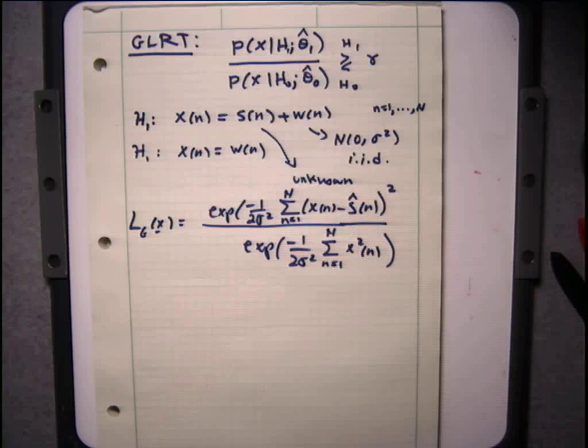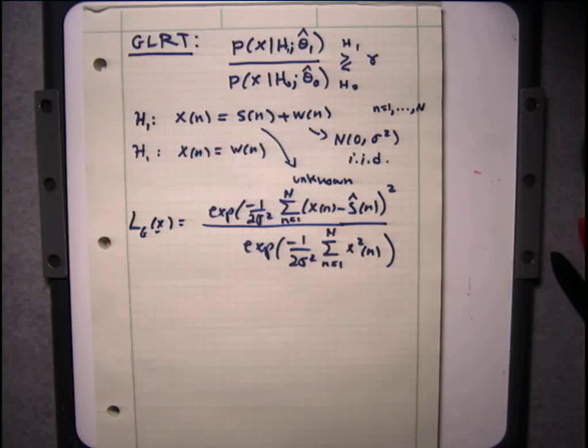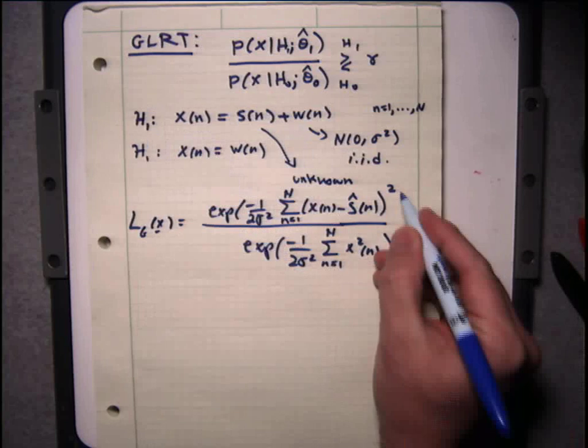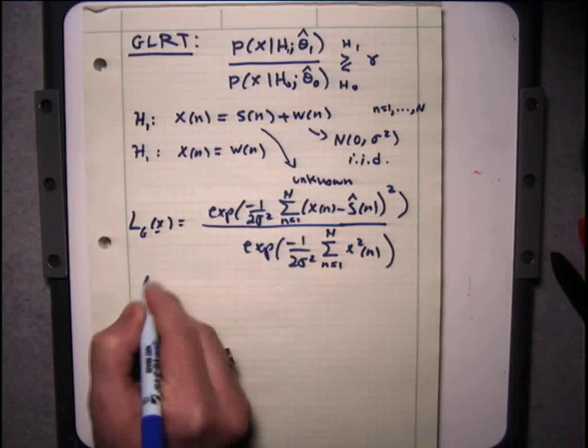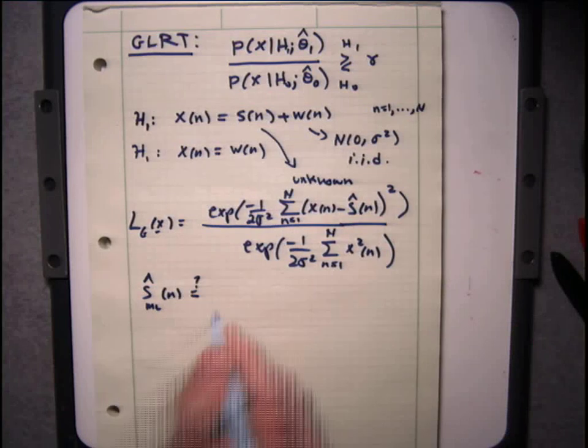So the first question to ask is, what is the maximum likelihood estimate of the signal given the data that you have? If you just look at this scenario here, what is s hat ML as a function of n? Any guesses?